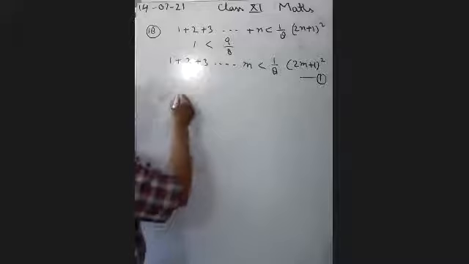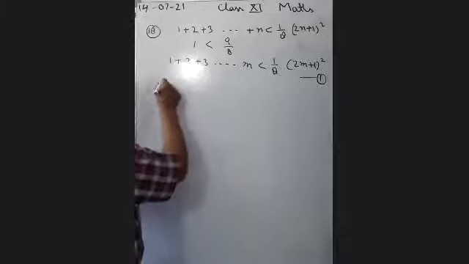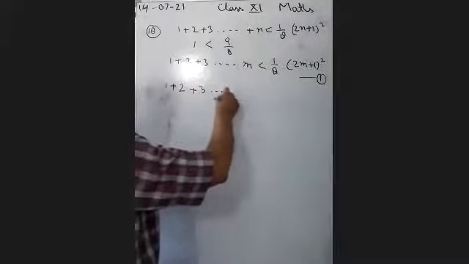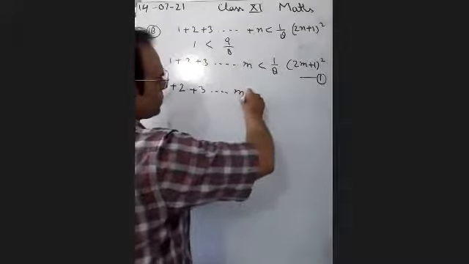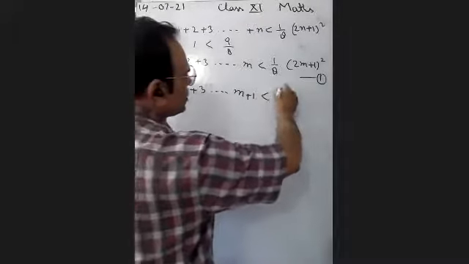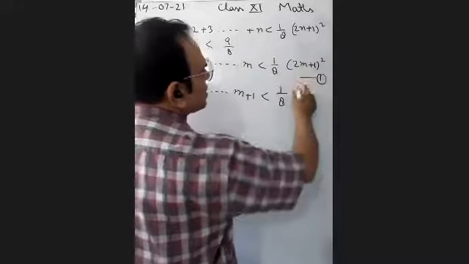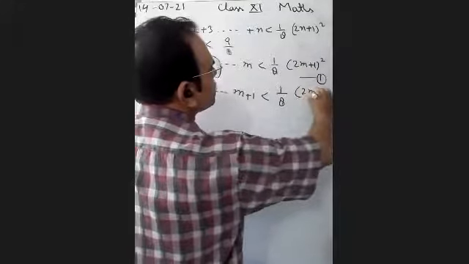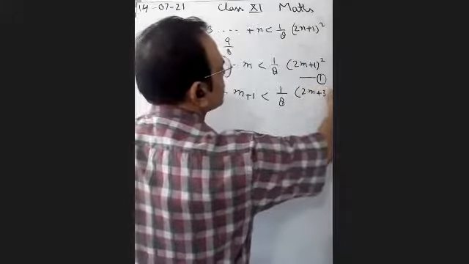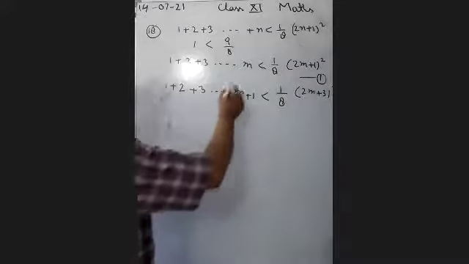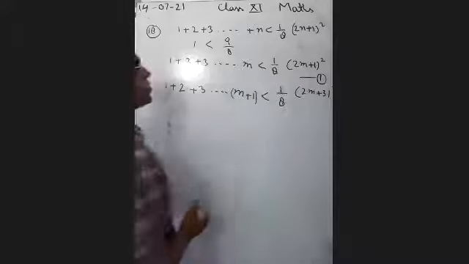By using this relation, we will prove for n equal to m plus 1. So 1 plus 2 plus 3 plus up to m plus 1 is less than 1 upon 8 into, replacing m with m plus 1, 2m plus 3 whole square. We have to prove this one. For proving this, we can use this relation of equation 1.